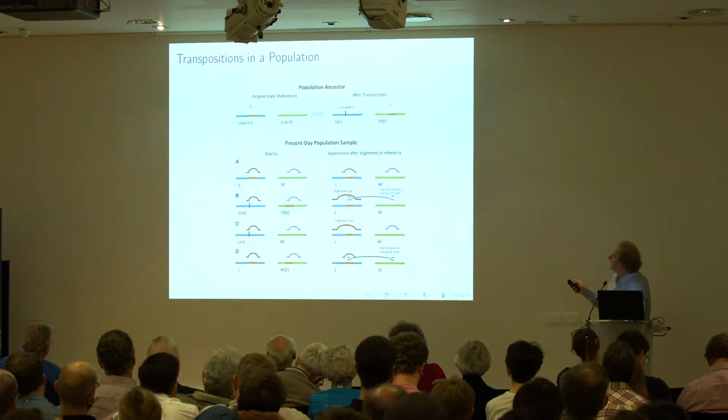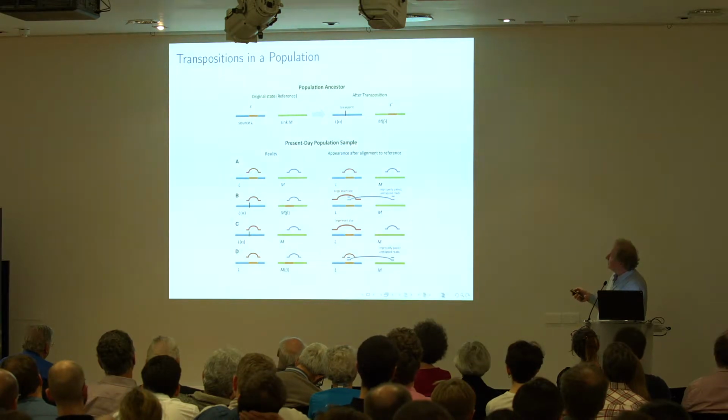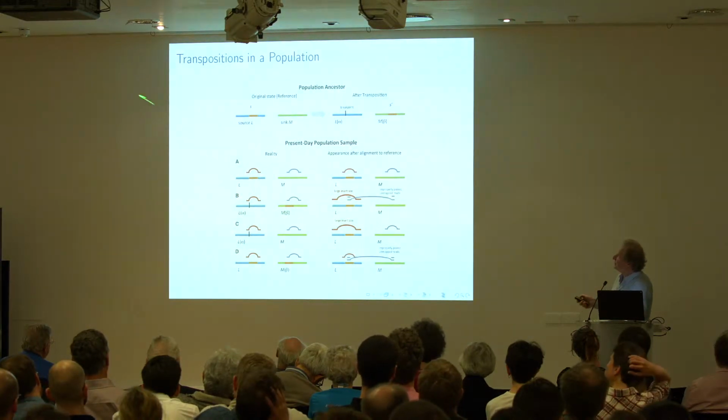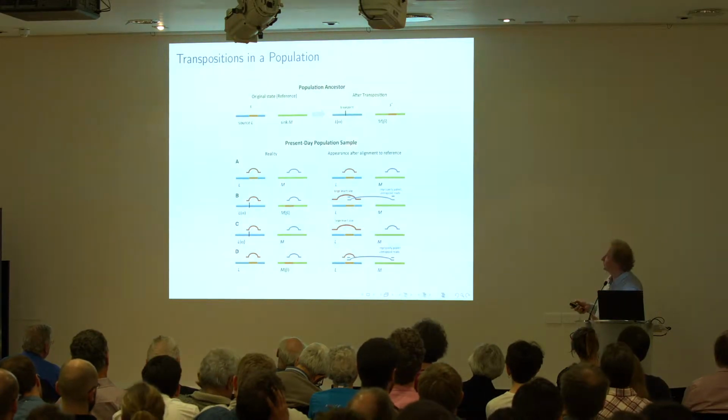So we now have a breakpoint on the original chromosome and an insertion over here. It's going to land in a particular haplotype context. Now let's think about what we might see in the present day population, which is descended from individuals, including this one. And for simplicity, let's suppose that the original state here magically becomes the reference genome.